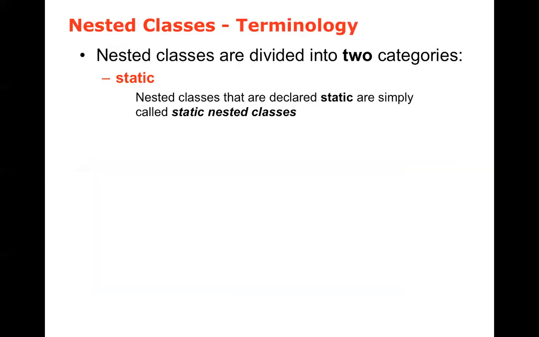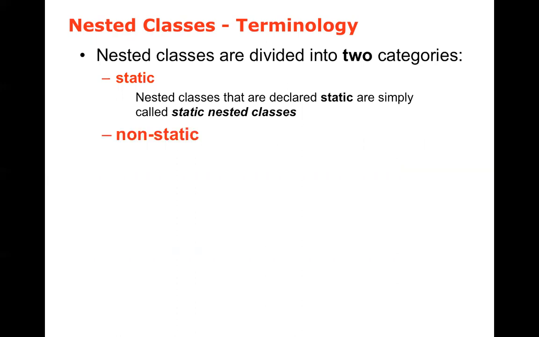Let's understand some terminology related to nested classes. Basically, nested classes are divided into two categories: static nested classes, which means these nested classes are declared static, the classes with the static modifier, like static class A. So this is a static nested class.